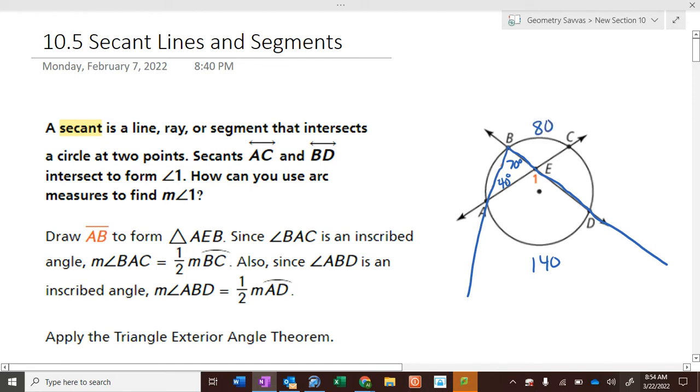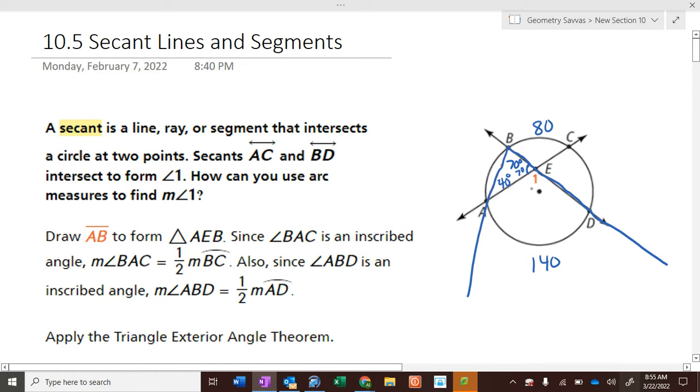Now, what's 70 and 40 add up to? 110. So what's left for this angle right here? 70. So what is angle 1? Angle 1 makes a straight line, so there's 180 degrees.